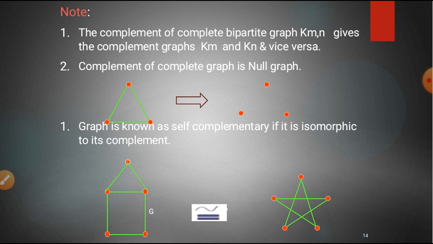So if in both diagrams we have the same number of vertices and same number of edges, with the complement edges not repeating in both graphs, this is called an isomorphic graph.